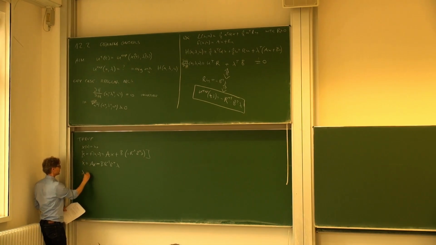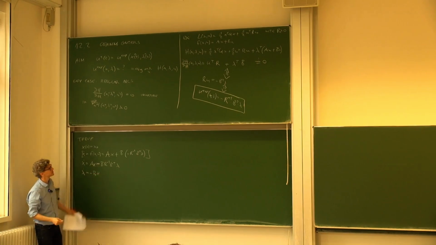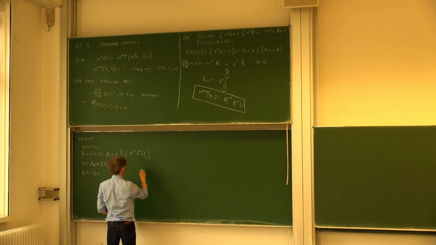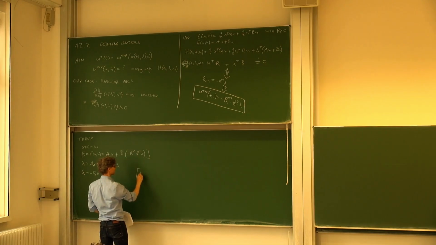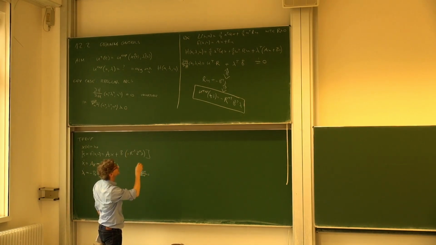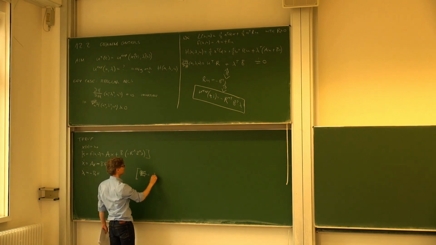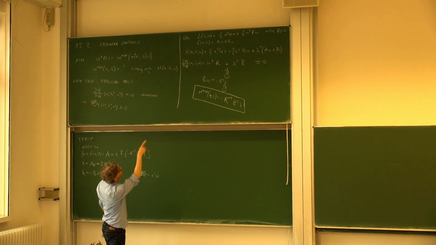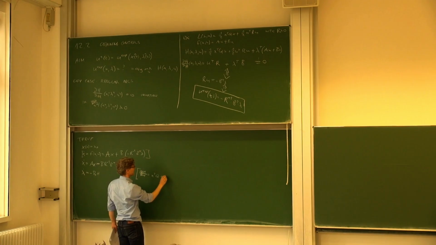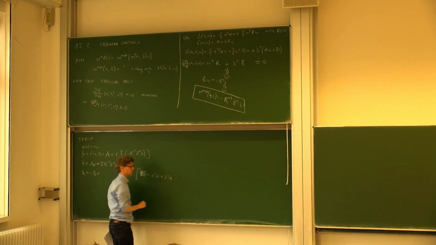Now I get also an equation for lambda. Lambda dot is equal to minus the gradient of the Hamiltonian with respect to x. So let me just look at this Hamiltonian here. So again, a little computation in the back. What is dH by dx? If you look at the expression of the Hamiltonian, the first thing is that it will be x transpose Q. That's the first part. The second term doesn't depend on x, but then the last one is lambda transpose A x.